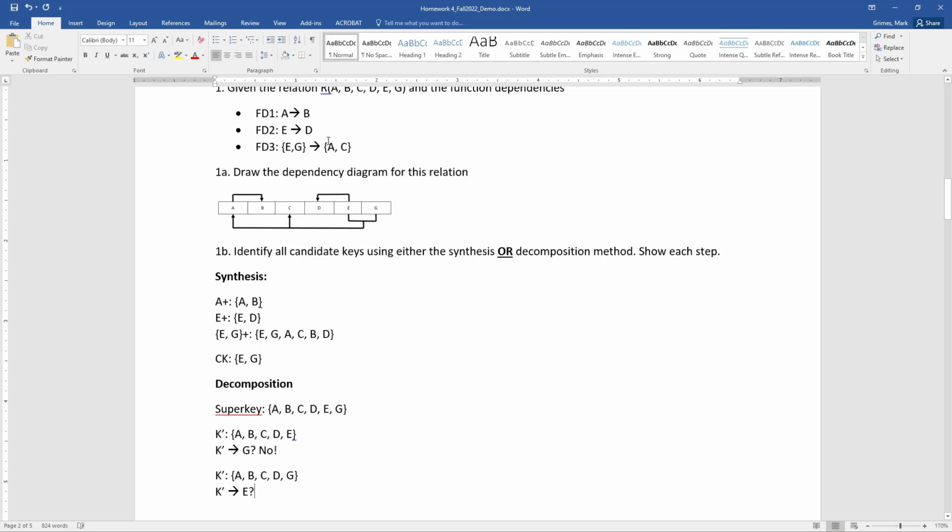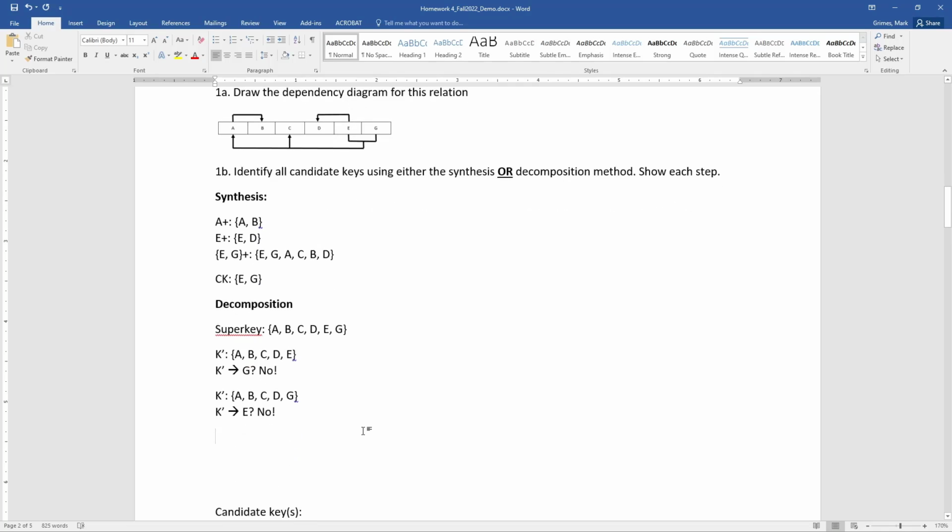Well, looking back at our functional dependencies, it doesn't appear that anything functionally determines E. And we can see that in our dependency diagram too. There's no arrows pointing at E or pointing at G. So the answer here is going to be no, meaning we have to put E back in in order for this to remain a superkey.